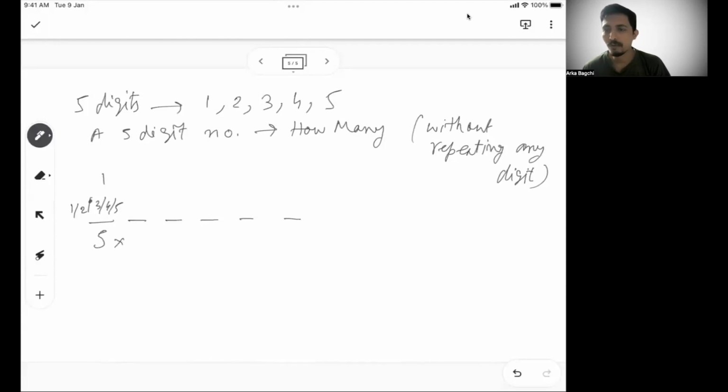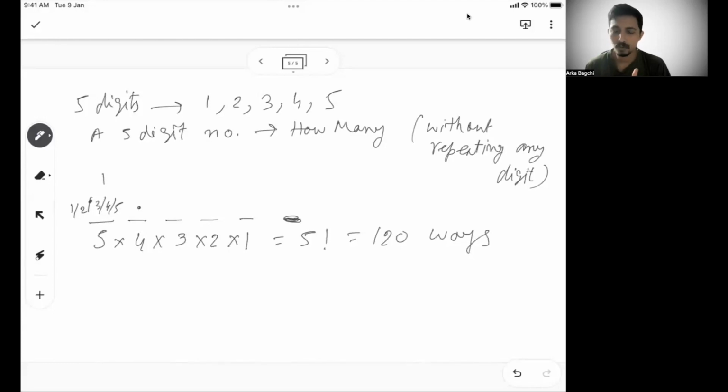Then 2, 3, 4, 5 are the only ones left to choose from for the second place. So you have only 4 options here, because one of the options between 1, 2, 3, 4, 5 is already taken in the first place. Similarly, you will have 3 options in the third place, 2 options in the fourth place, and only 1 option in the fifth place. So this is nothing but 5 factorial, or 120 ways.